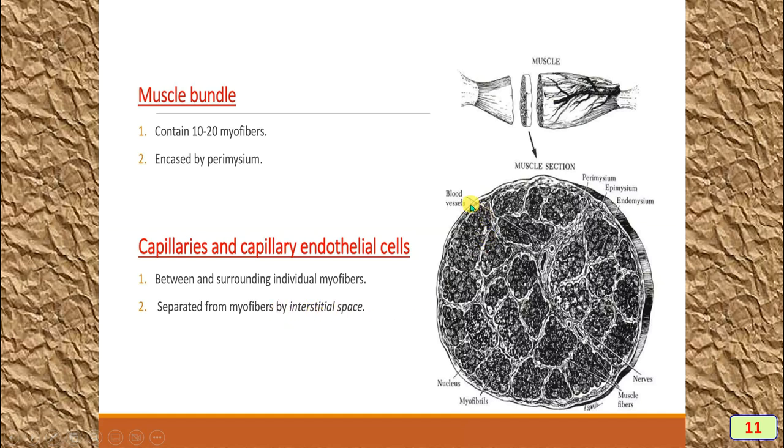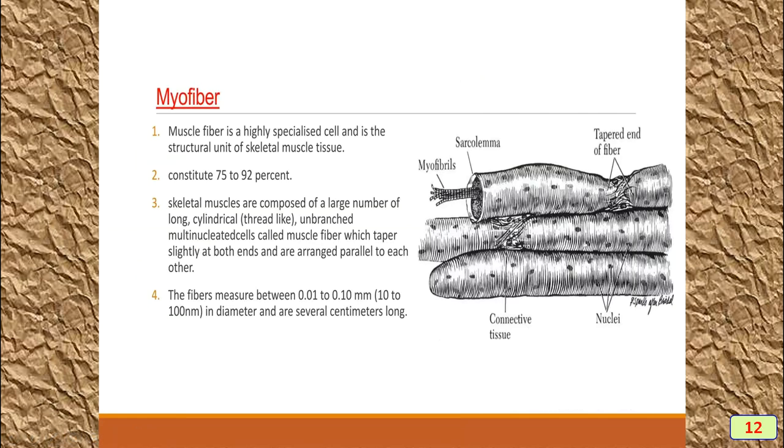Once again, here you can see that blood vessels are supplied to every muscle bundle. Then in between, nuclei are there, myofibrils are present, then muscle fibers are there, and also the nerve supply is there to every muscle fiber.